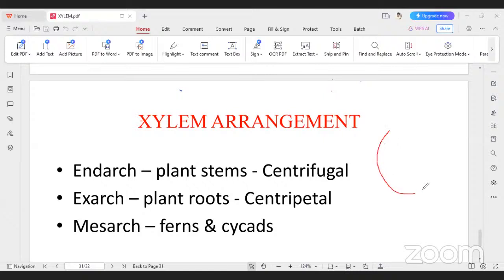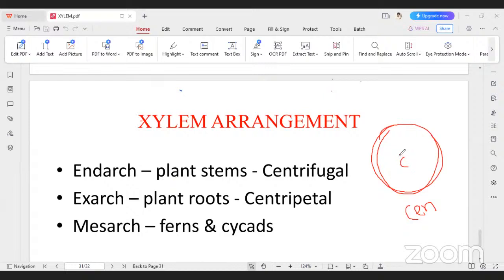For example, this is a vascular bundle. This center region is the stele, the center.